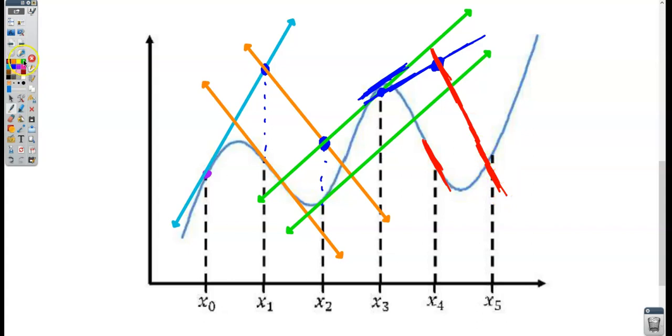And maybe that would give me an approximation right around here, which is actually pretty close to the true value of the function in this particular example. Alright, not always going to be necessarily that close, but this is a way that we can approximate that function value using Euler's method.